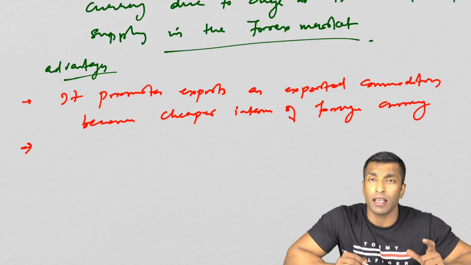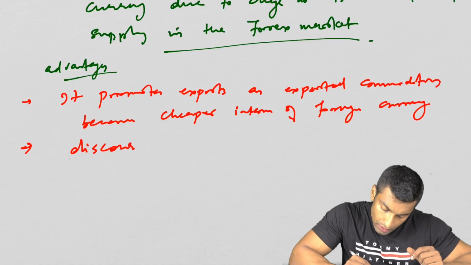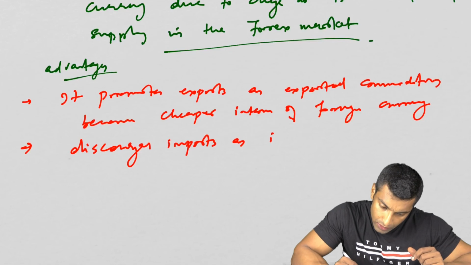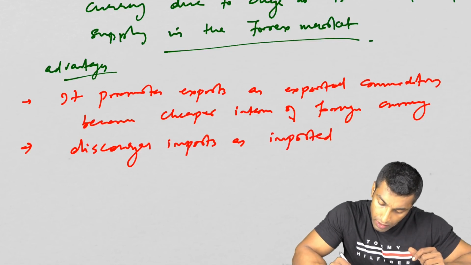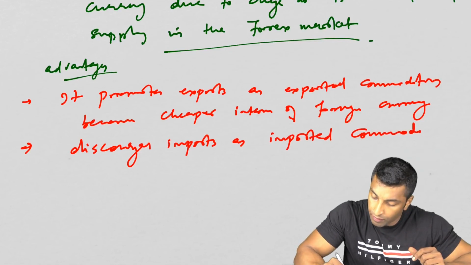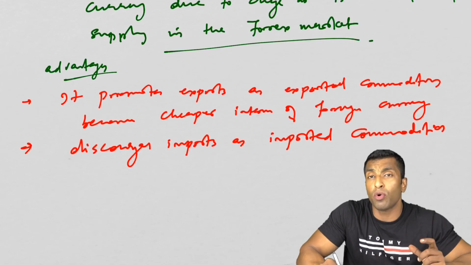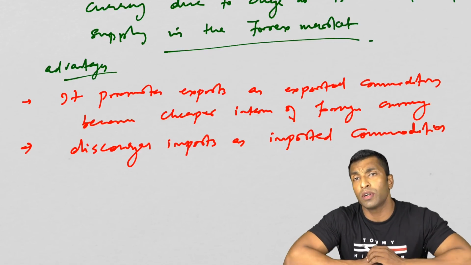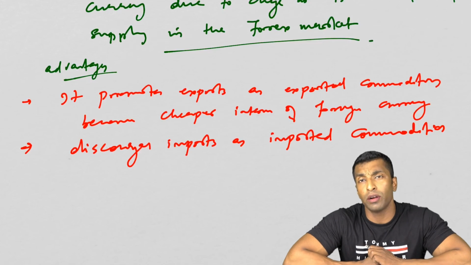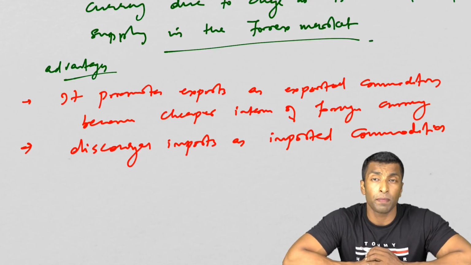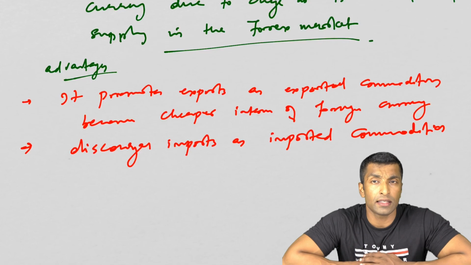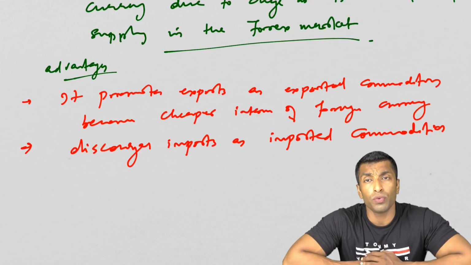Secondly, it discourages imports, as imported commodities become dearer. What will happen? Earlier you were paying $1, and for that you needed to spend 67 rupees to get $1. Now for paying that $1, you need to pay 68 rupees.